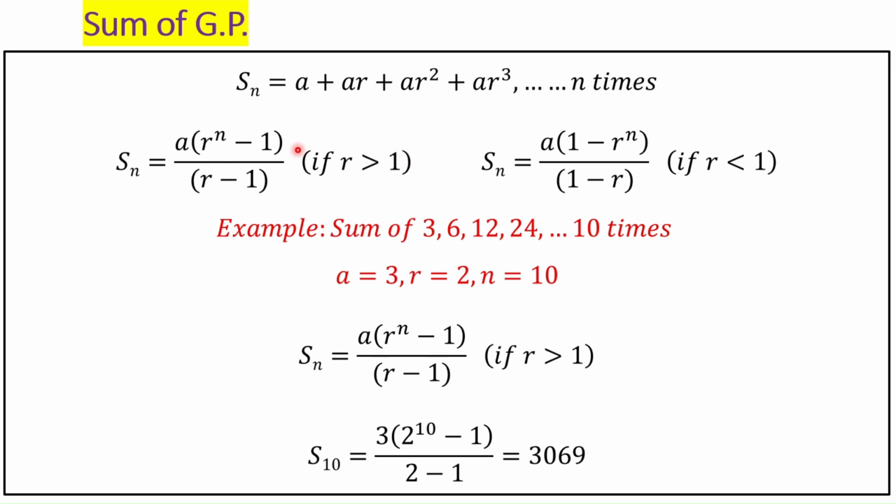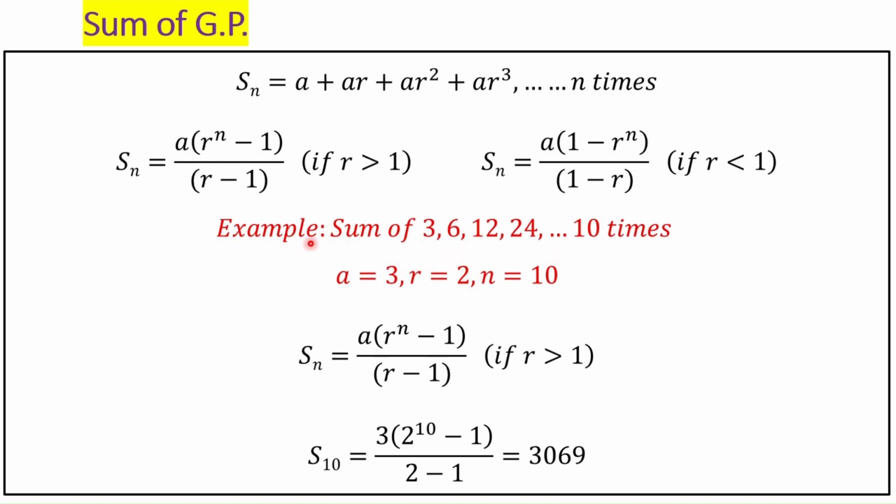The most important thing to know is that you have two equations for the sum of a geometric progression, depending on the value of r. If r is greater than 1, you have one equation. If r is less than 1, you have another equation, which is a into 1 minus r to the power of n, divided by 1 minus r. Remember this, and apply it depending on the value of r.